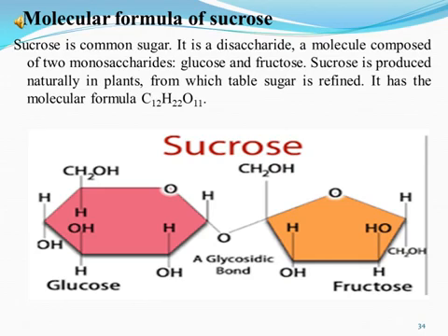This type of linking of two monosaccharides is called the glycosidic linkage. Sucrose has a monoclinic crystal structure and is quite soluble in water. The molecular weight of sucrose is 342 gram per mole.